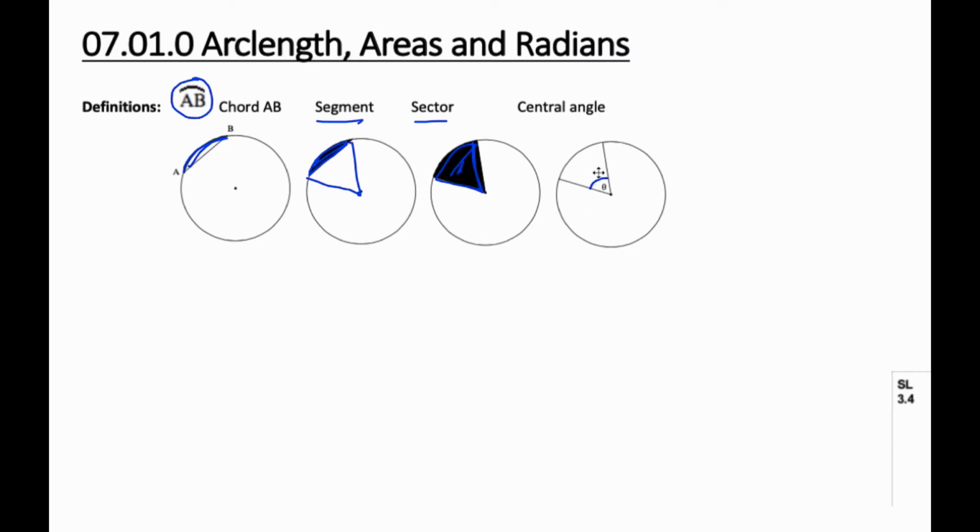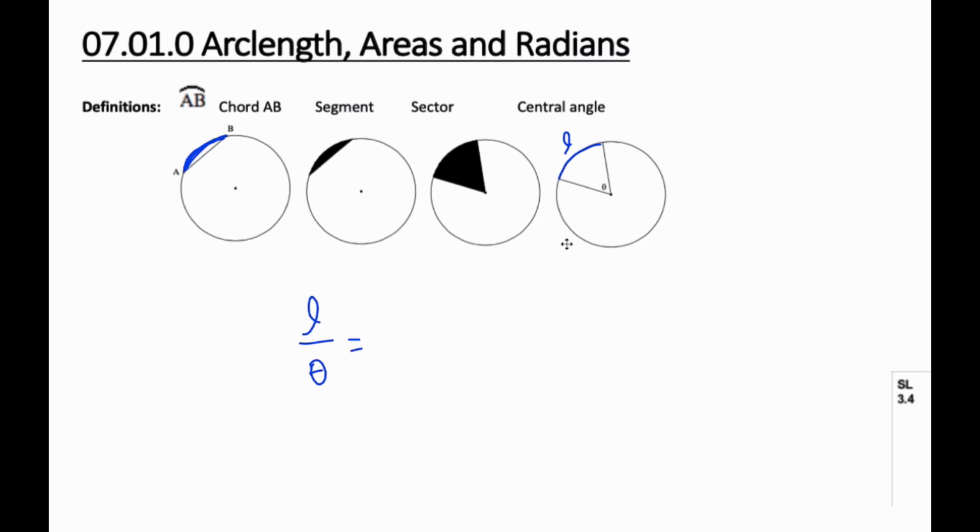So any angle from the center of the circle is called the central angle. And what we would have learned from the past is that if I want to find the formula for the length of this arc L, well, I know that L is the part, to the part of the angle.